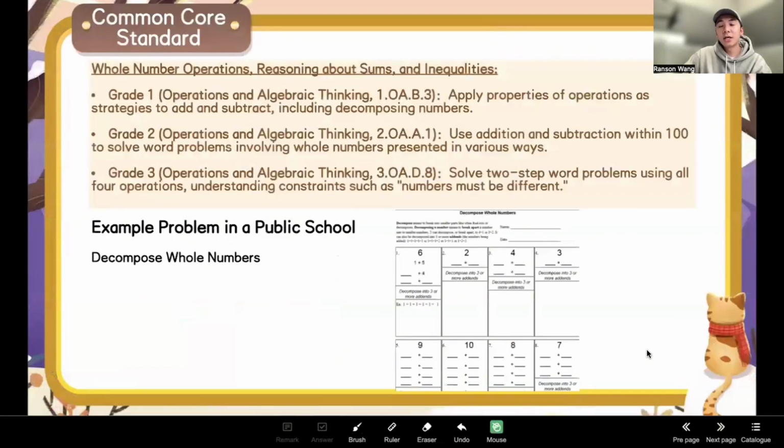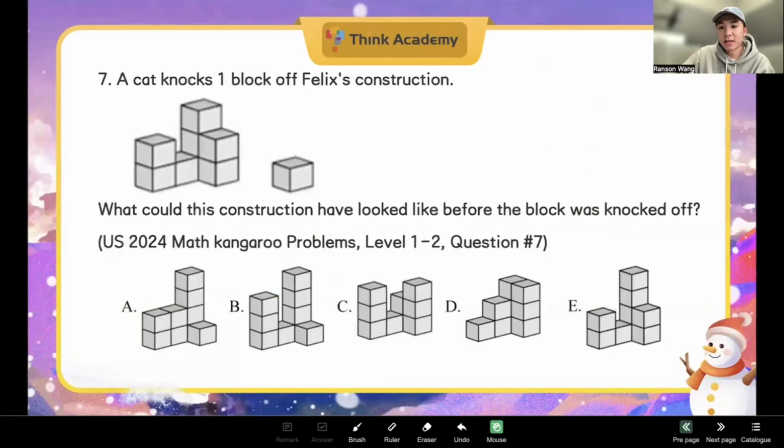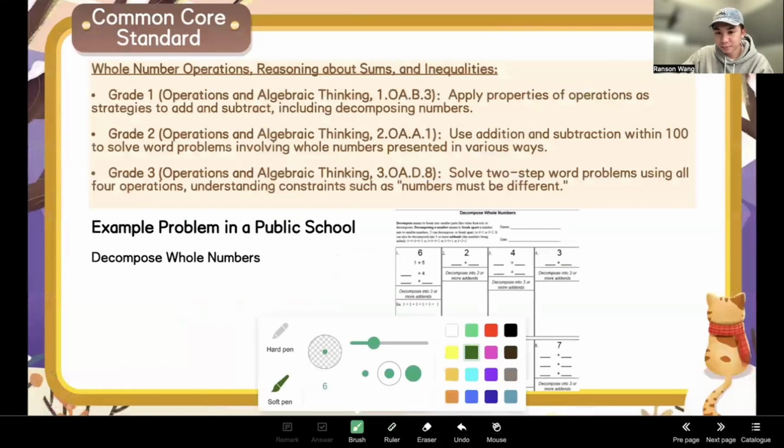The knowledge point for this question is number operation reasoning about sums and inequalities. An example that you may learn in class or in school is to recompose whole numbers.